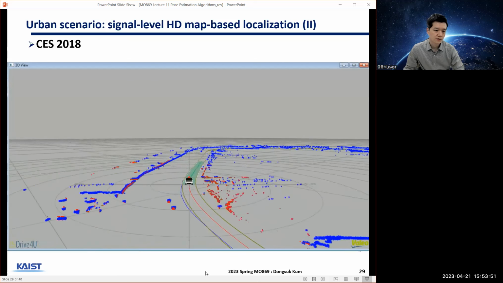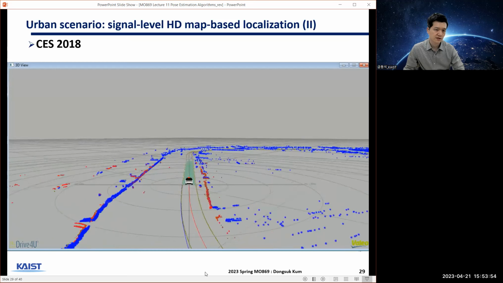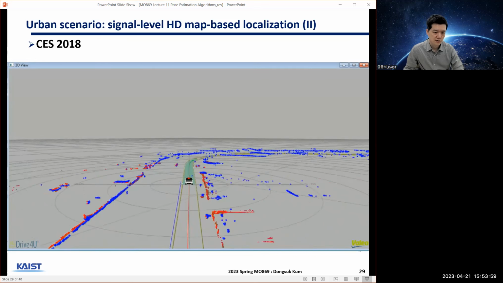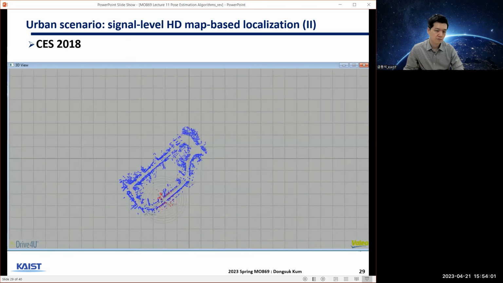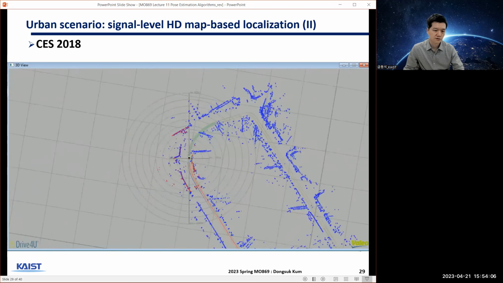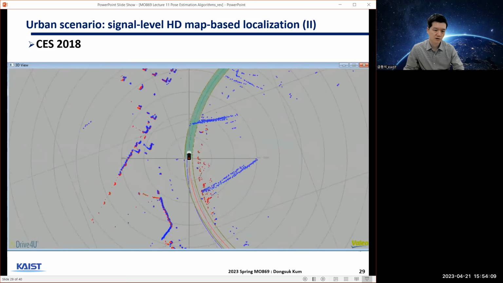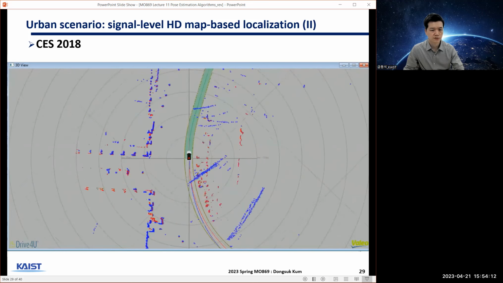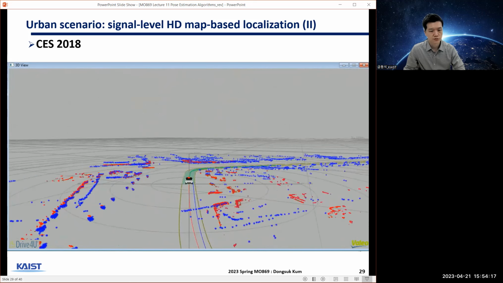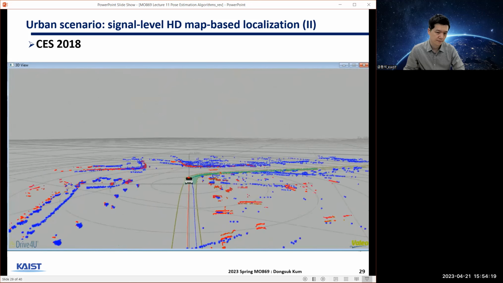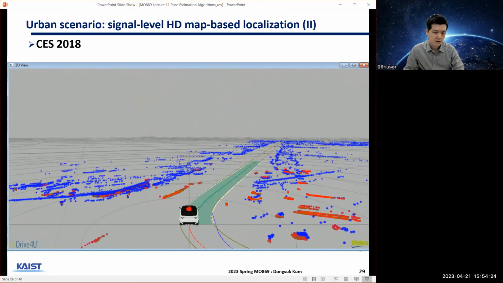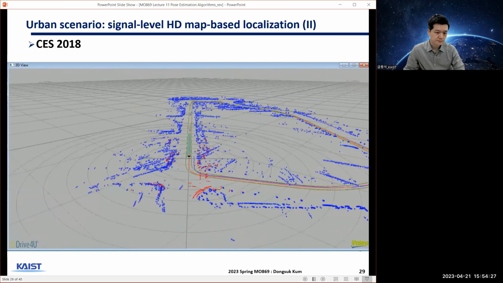And this one is using the signal level HD map for localization. And because it's a signal level map, there's a sufficient amount of features or points throughout the space, so we can use that for mapping purposes, localization purposes.